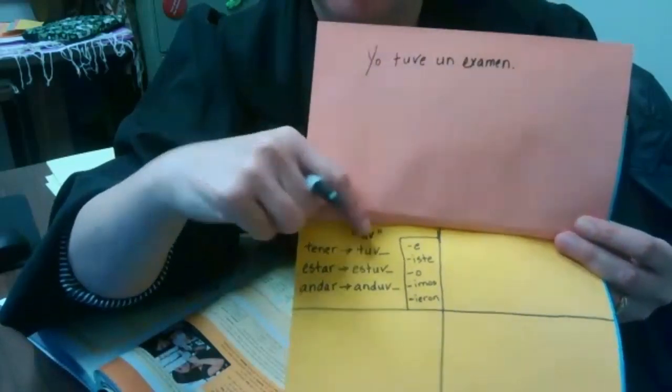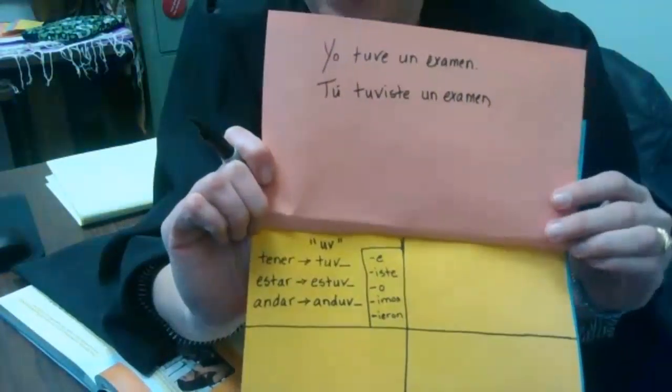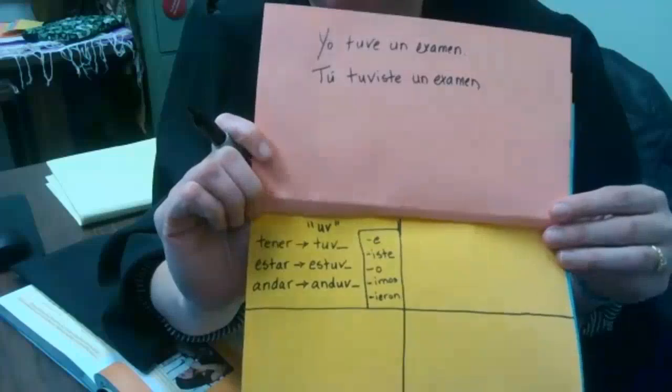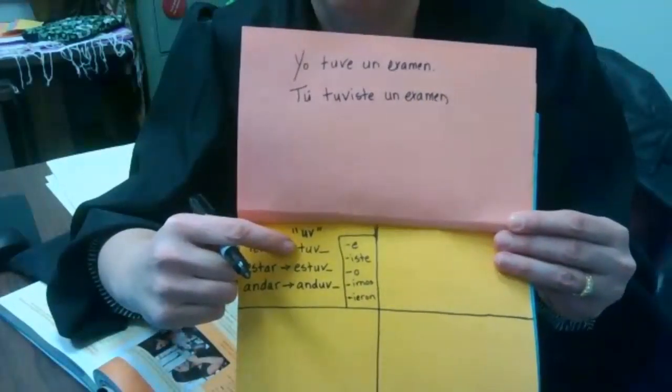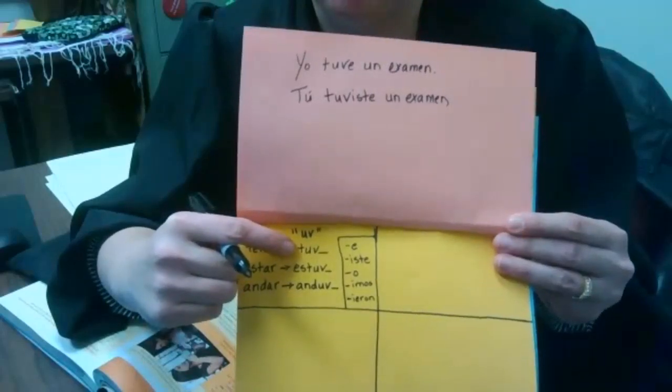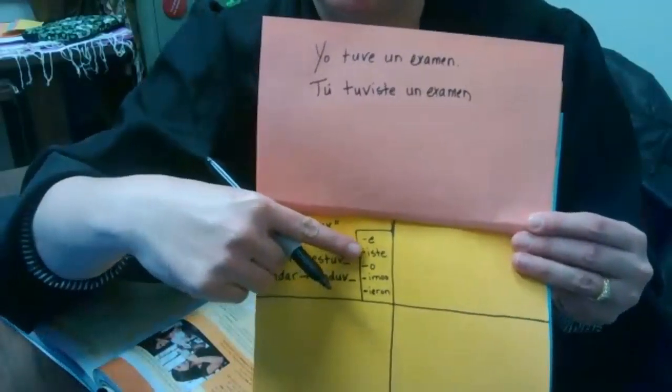But if you had a test, I would say tú tuviste un examen. You had a test last period. So again, I took my new stem, and because my subject was tú, I put iste on the end of it.